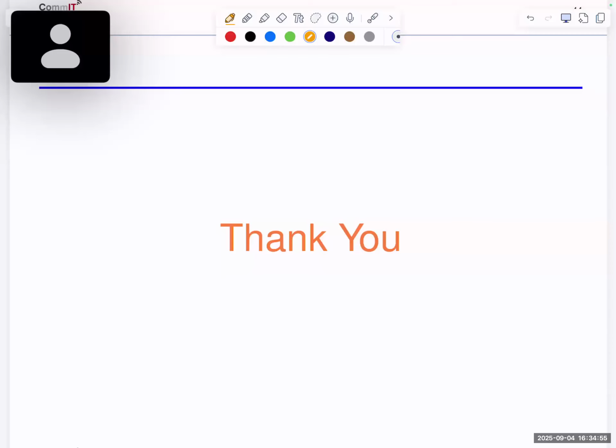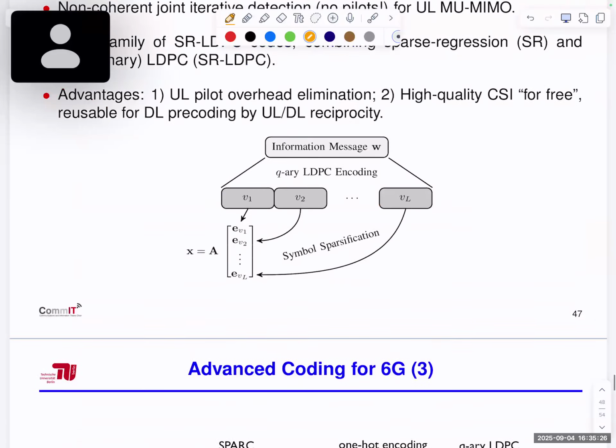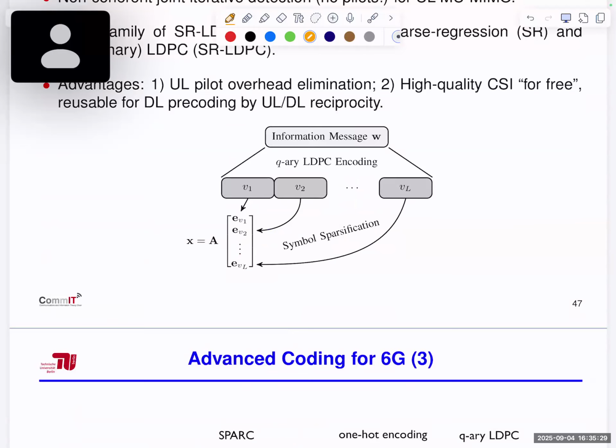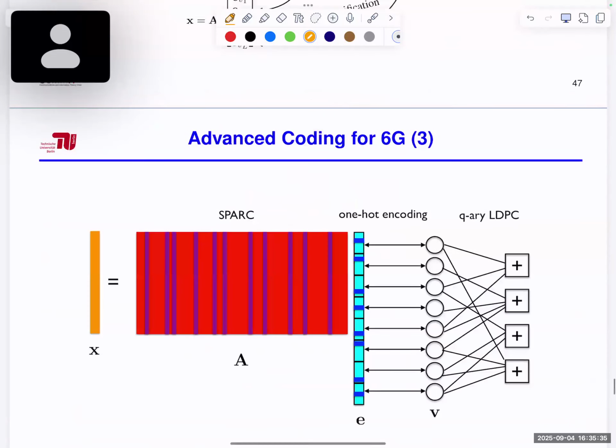And of course, the algorithmic side is still quite under research, right? So this is one method. There are several others, and so I think it's still an ongoing topic. And this is what we are working on at this point, based on these partial successes. We are looking at problems of this kind, where we use what are called sparse superposition LDPC codes. So basically, the codes have this structure.